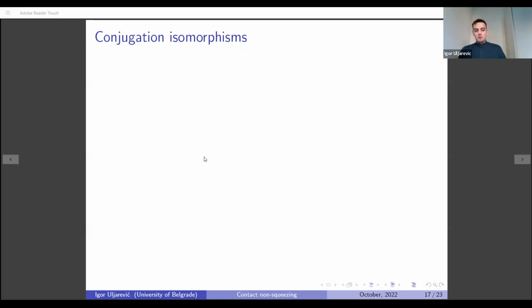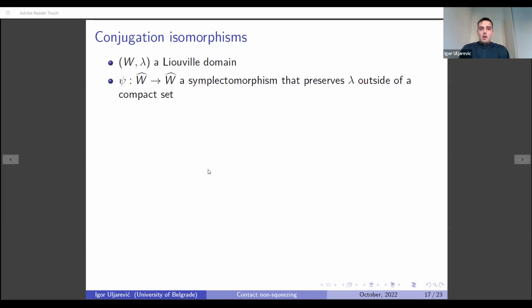Conjugation isomorphisms are a family of isomorphisms for selective symplectic homology that are used to prove that contact isotopic subsets have isomorphic selective symplectic homologies. A conjugation isomorphism is associated with a symplectomorphism of the completion that preserves lambda outside of a compact set.